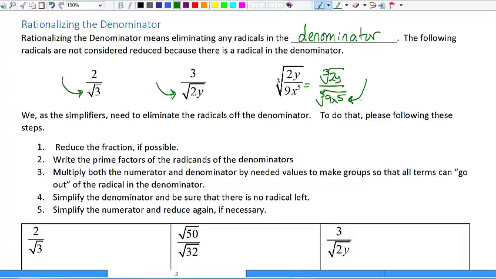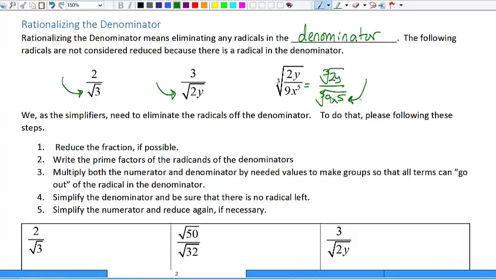So to do that, you need to follow these steps. Step 1. Reduce the fraction if possible. If we can reduce it, it will come out a whole lot more simple than having to do the rest of the steps. And even if it doesn't come out whole, reducing will always make everything more simple. Step 2. Write the prime factors of the radicands of the denominators.